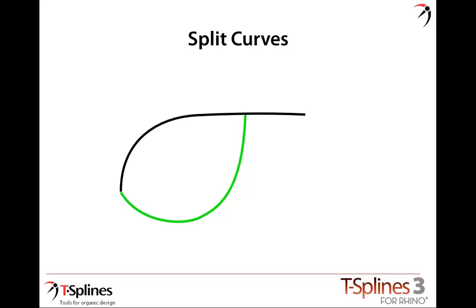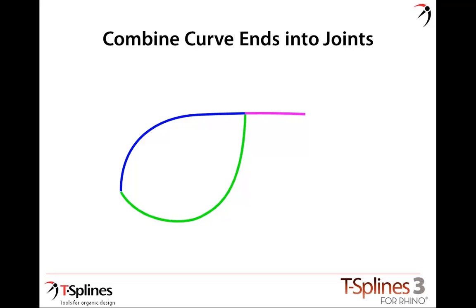So if my input is these 2 curves, the black curve and the green curve, the first thing that I'll notice is that this green curve is intersecting this black curve, or at least it's very close. So the first step, splitting curves, is it just goes through, find where the curves that you gave it are close to intersecting, and splits them up.